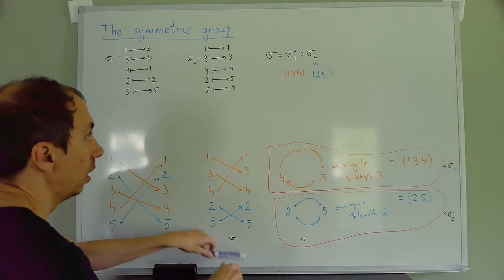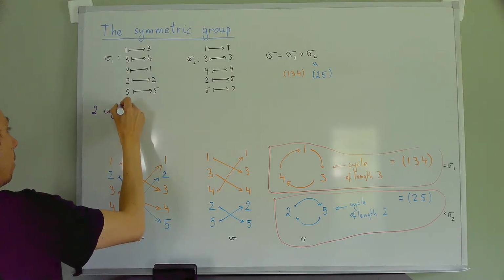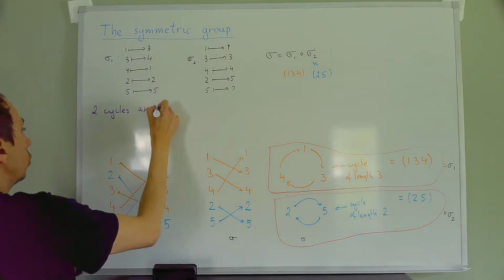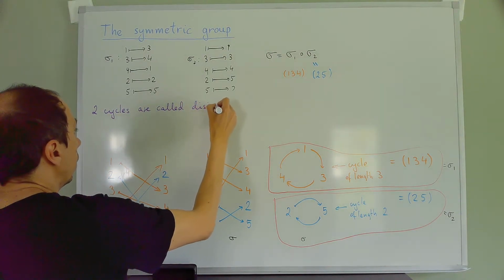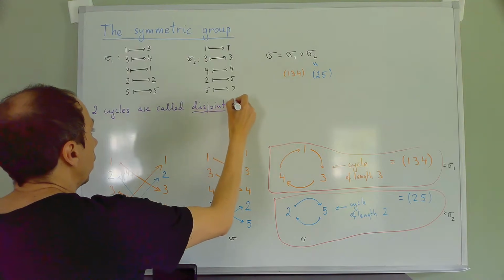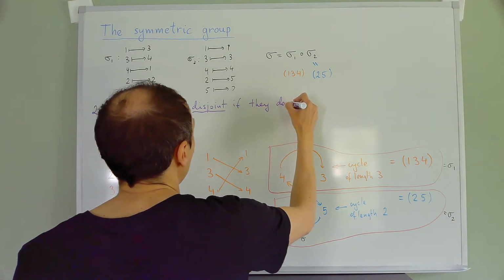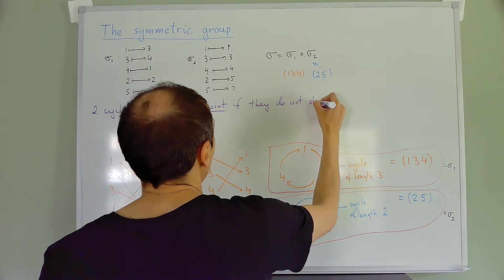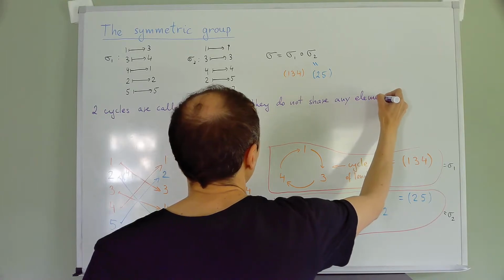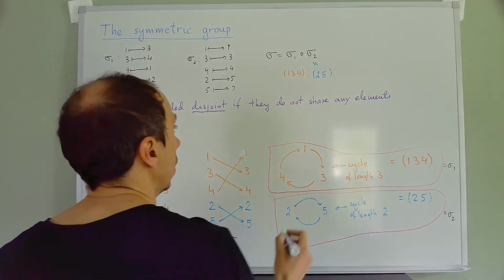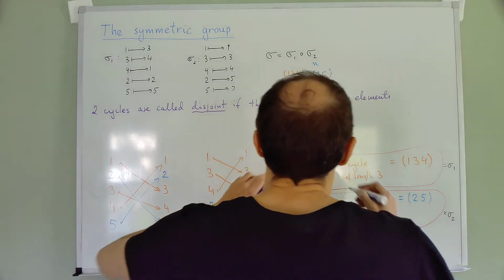So two cycles are called disjoint if they do not share any elements, let's just say if they do not have any elements in common.